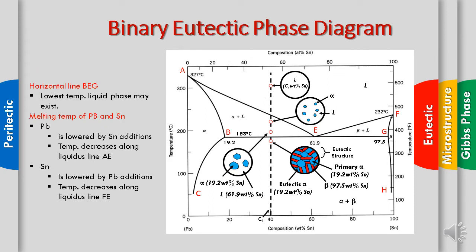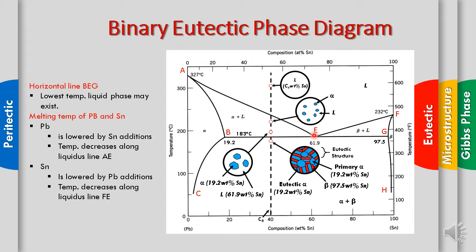So the horizontal line BEG indicates the temperature of 183 degrees Celsius. This indicates the lowest temperature at which the liquid phase may exist. The liquid is around here and is at its lowest. At this point, maybe the highest liquid exists, but the lowest is this area.